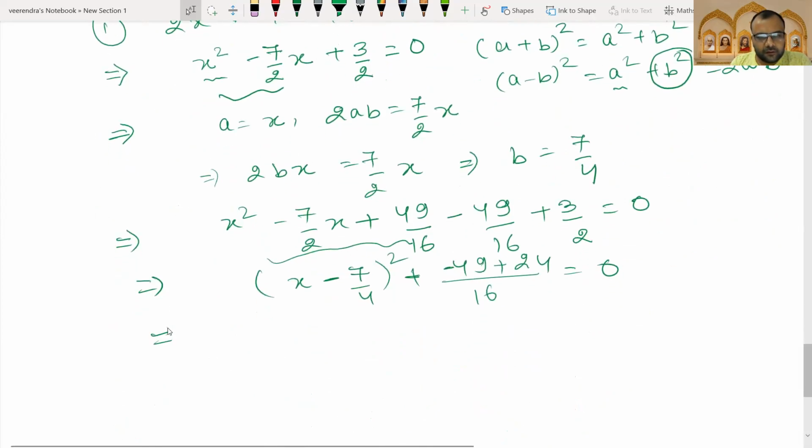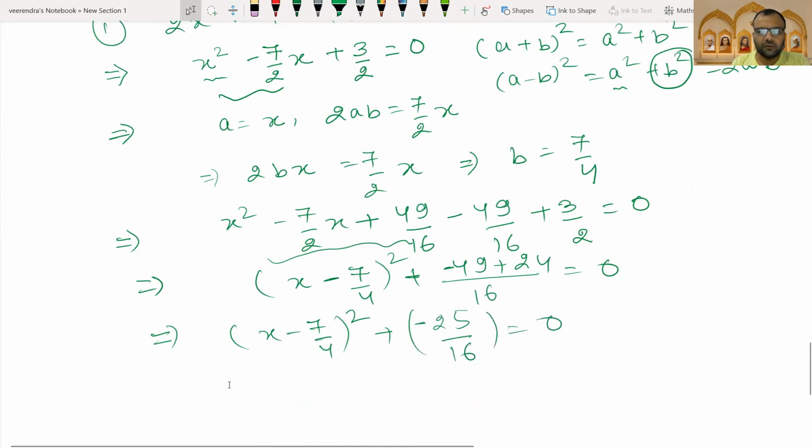From here we can write (x minus 7 by 4) whole square plus (24 minus 49) is minus 25 by 16 equals 0, or (x minus 7 by 4) whole square equals 25 by 16.